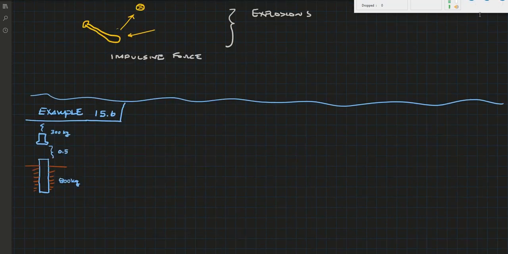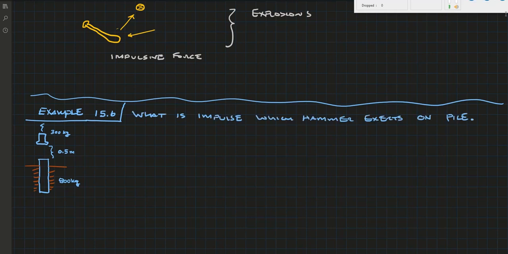So let's do this example 15.6. Here we have a 300 kilogram hammer being dropped onto a pile, and it is 0.5 meters away from the pile when it is dropped. We want to figure out the impulse the hammer exerts on the pile.